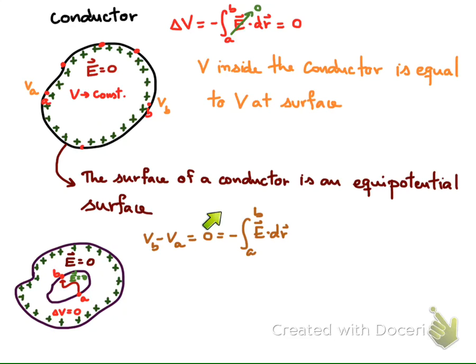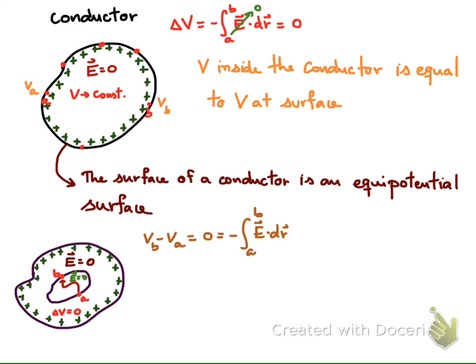Because when we do this integration and it's equal to 0, and dr is not 0, it means that E should have 0 value too. It means that if you have a conductor with a cavity inside, the electric field inside, both in the conductor and in the cavity, will equal 0.